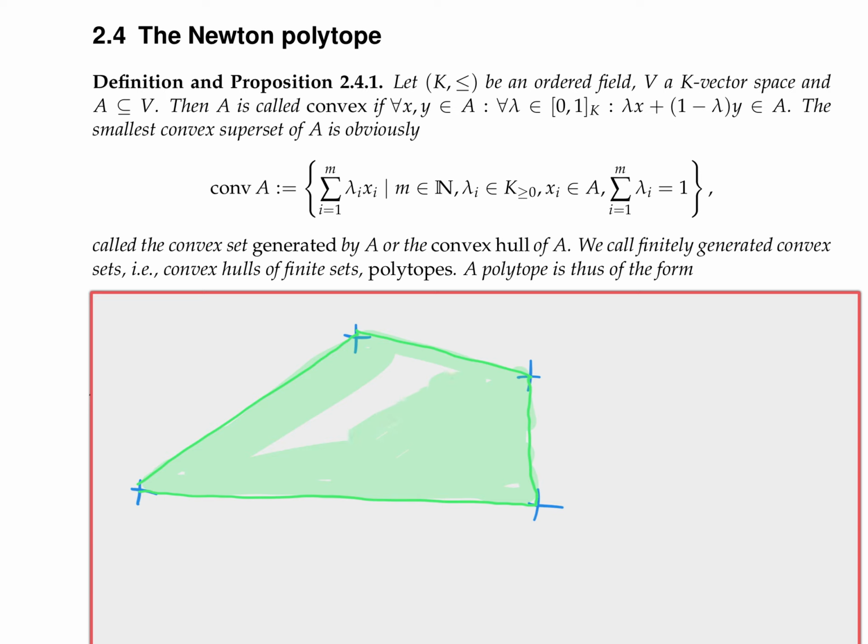So that would be in R2, right? But in R2 or 3, it could be a cube, or it could be a simplex, or more complicated objects, right? I don't know, you could have a pentagon as a base, and then you could have a pyramid over this, right? It's probably not drawn very well.